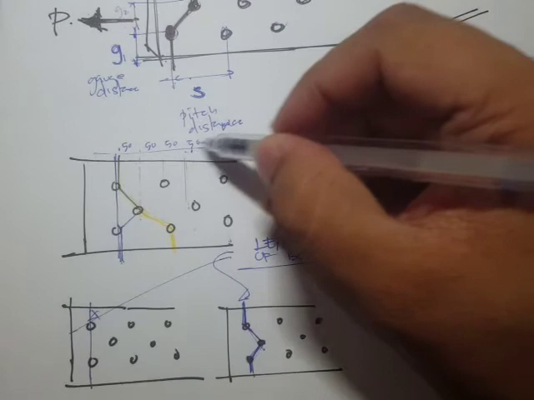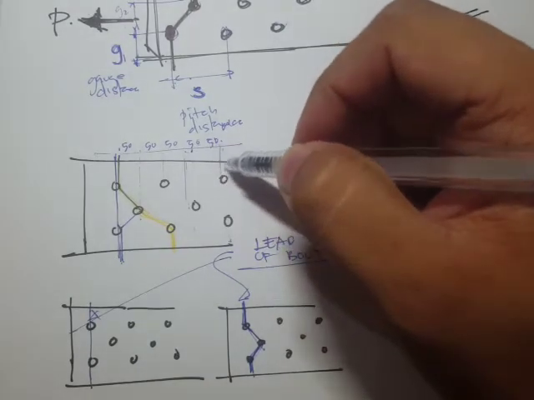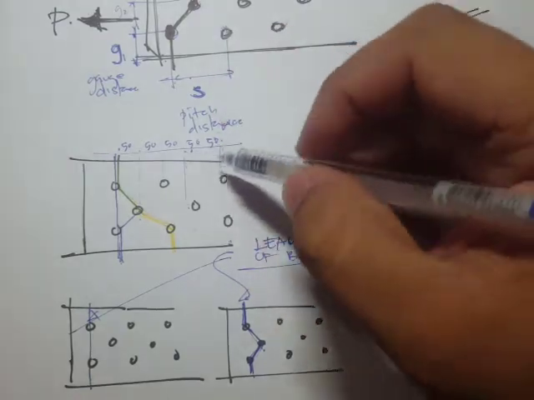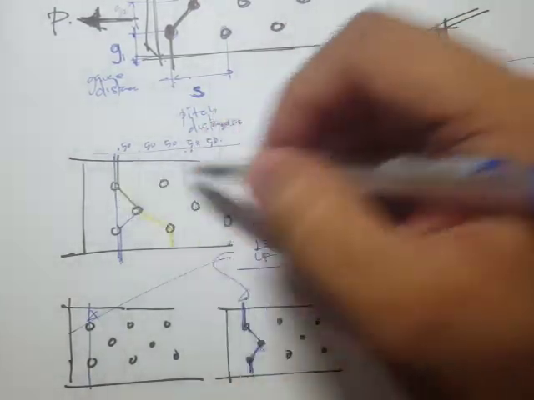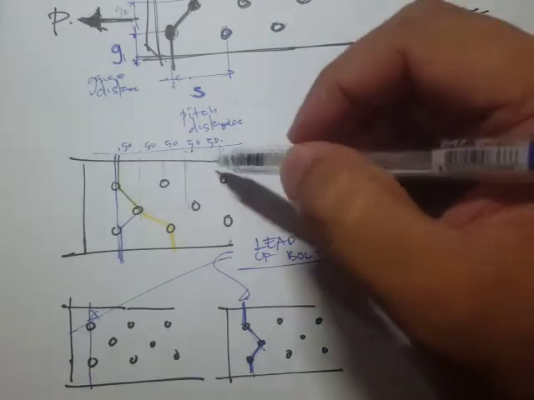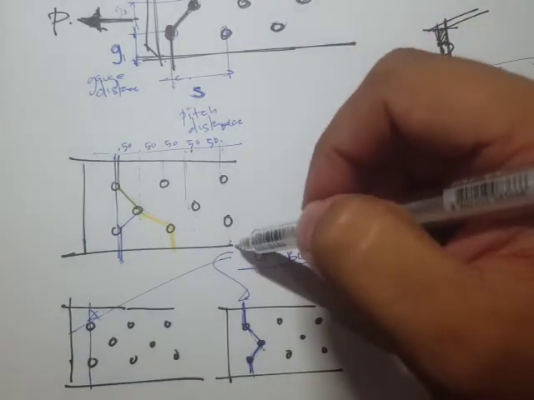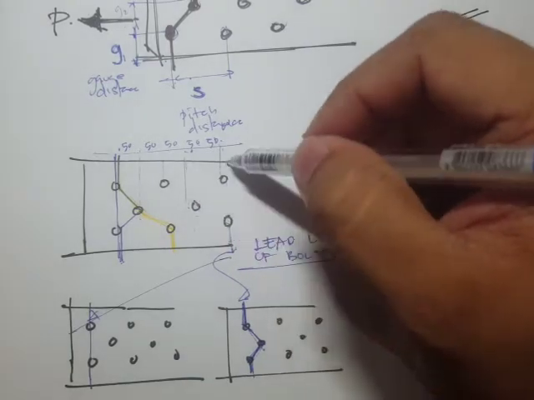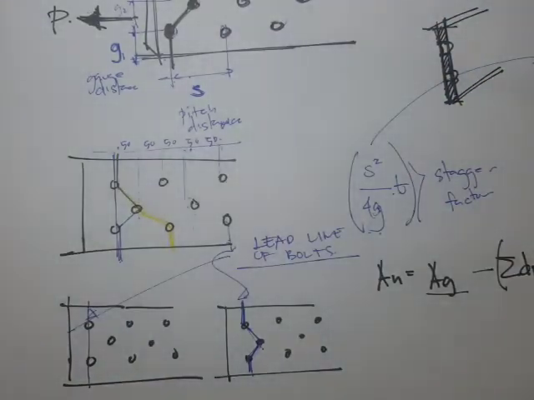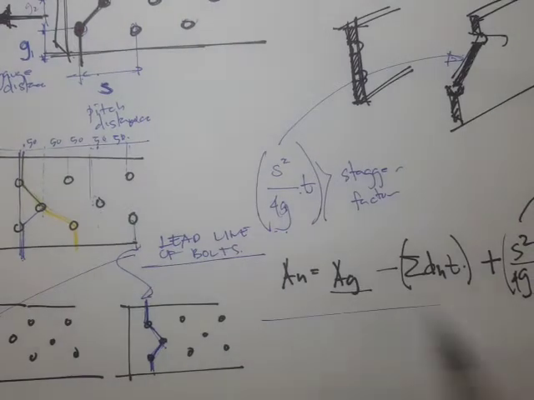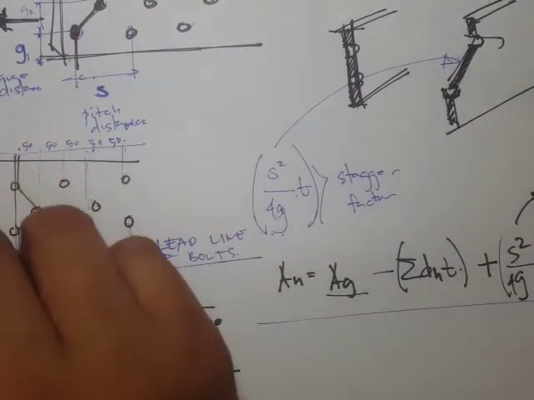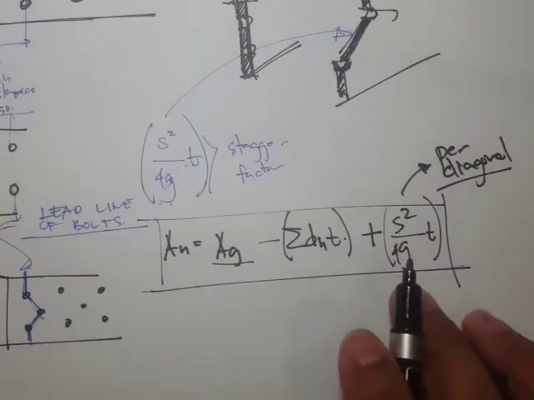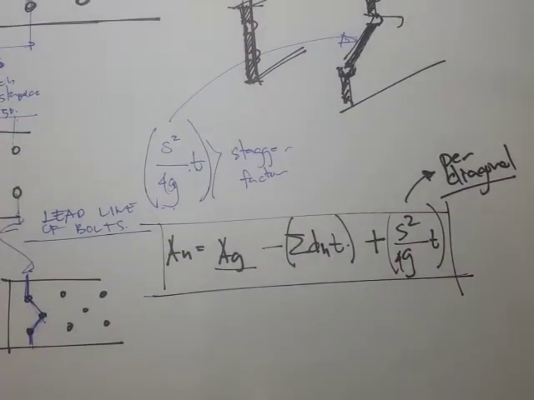Now if we have the same pitch distances and gauge distances, that would be the same for both sides. But if you have different distances here, then you probably have to evaluate this failure path over here, right? So that will be our equation for the net area when there's a staggered configuration.